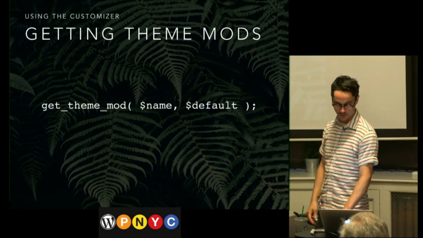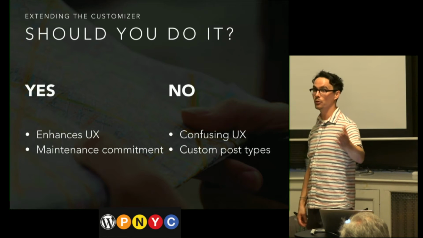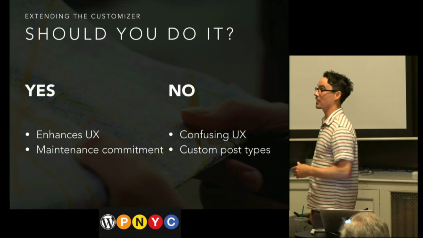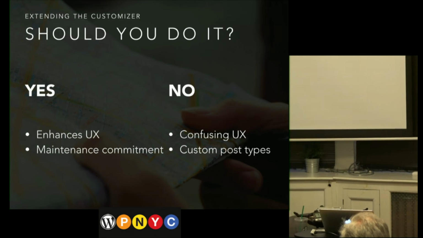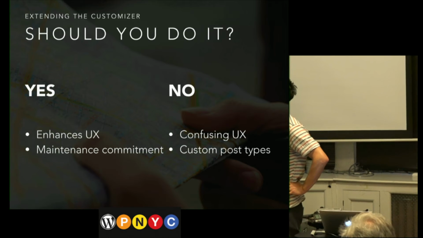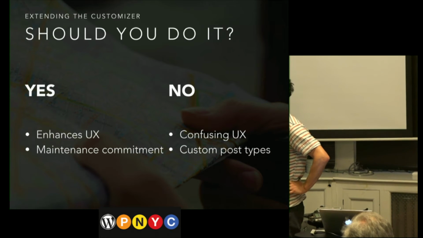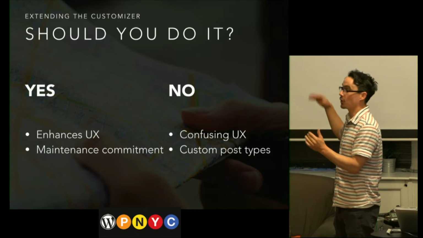So that's pretty much all there is in terms of how to move one of your themes into the customizer. Yeah? Sanitization. Yep, sanitize. Okay, so WordPress core handles sanitization of the core customizer functionality.